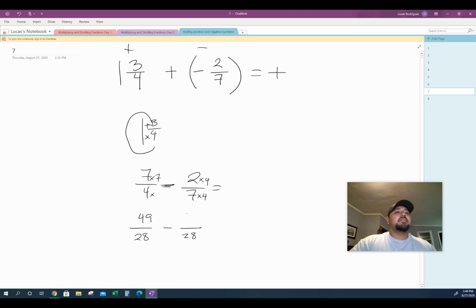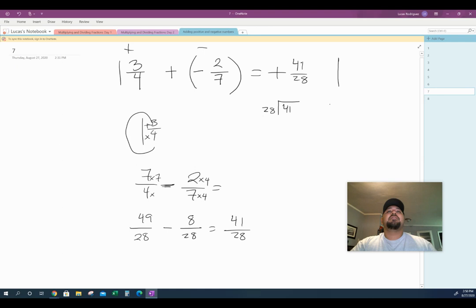So we have to figure out how many 28s go into 41. Well, 28 times 2 would be 56. That would be too much.